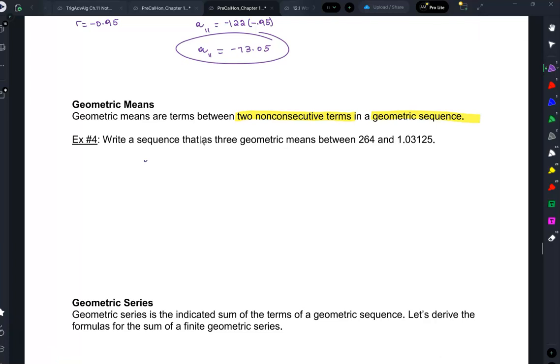Right, so it's going to be 264, and then the 3 geometric means, and then this decimal. So in total, you have 1, 2, 3, 4, 5 numbers, so your n is 5. A1 is 264. AN is 1.03.